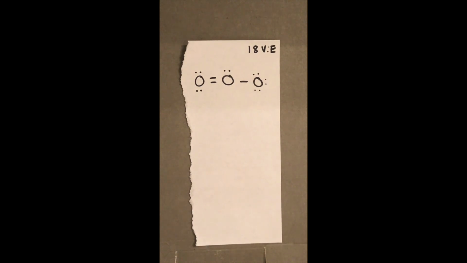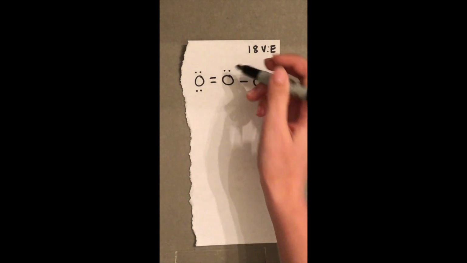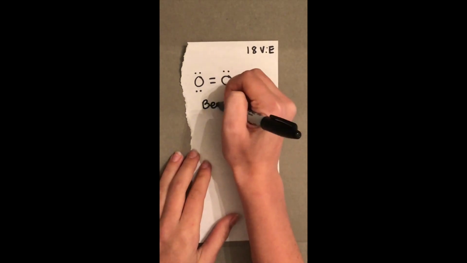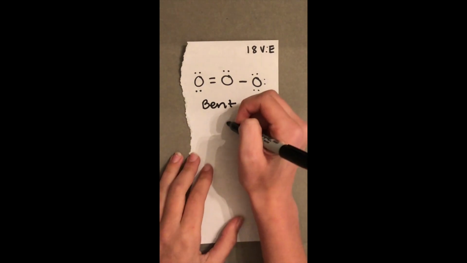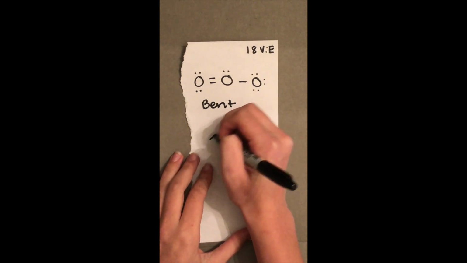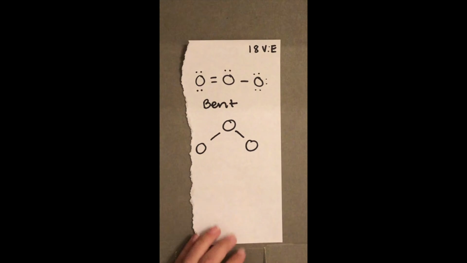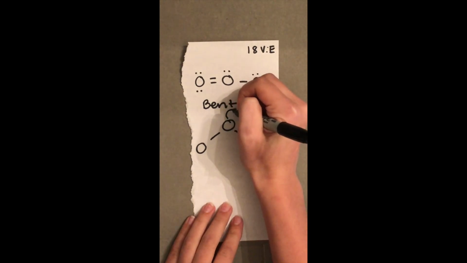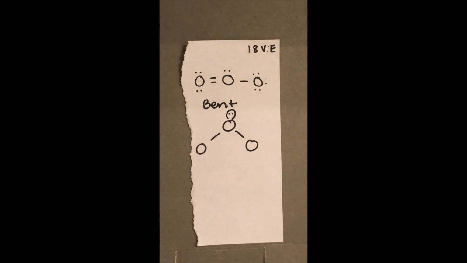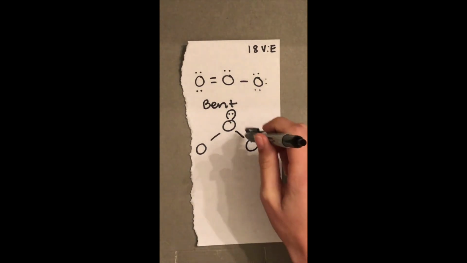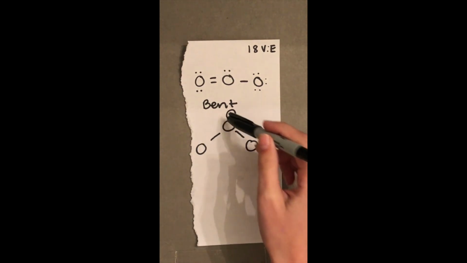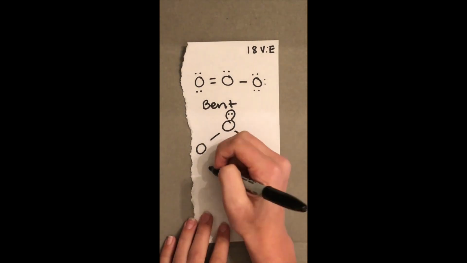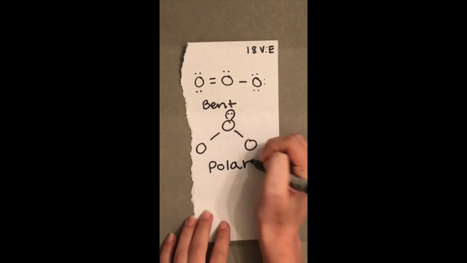The domain geometry for this is trigonal planar because it has 3 domains. One of these domains is non-bonding, making it bent. So what this will actually look like is this, with a non-bonding pair on top. The domains are not all the same. These are bonding and this is non-bonding. This will make it a polar molecule.